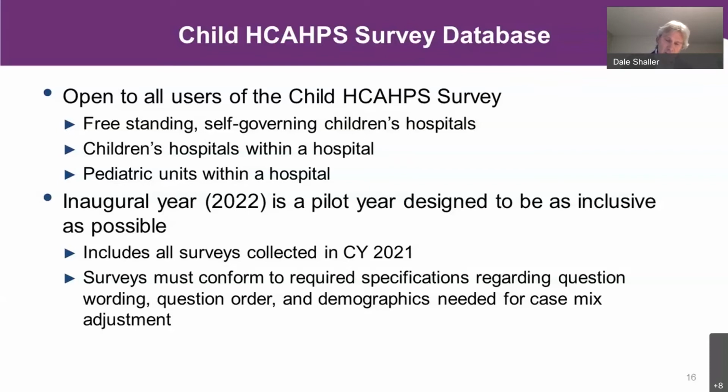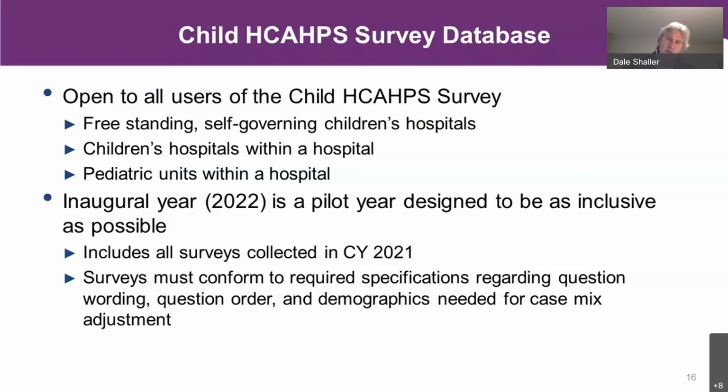We need that information for doing what we call case mix adjustment of the findings, whether we're comparing an individual organization's scores to the average within our private feedback reports, or whether we're allowing you to compare your results to other organizations that might be willing to share their data with you.